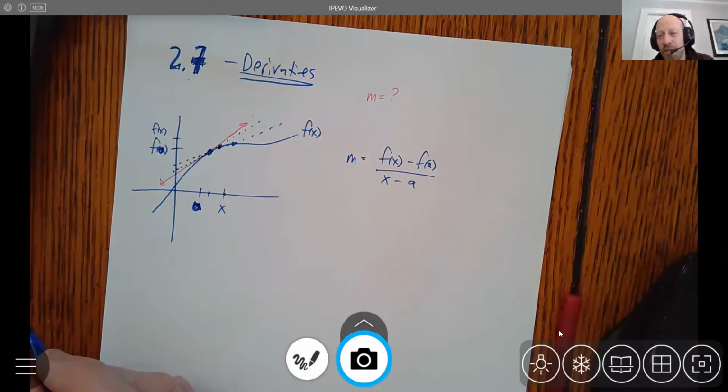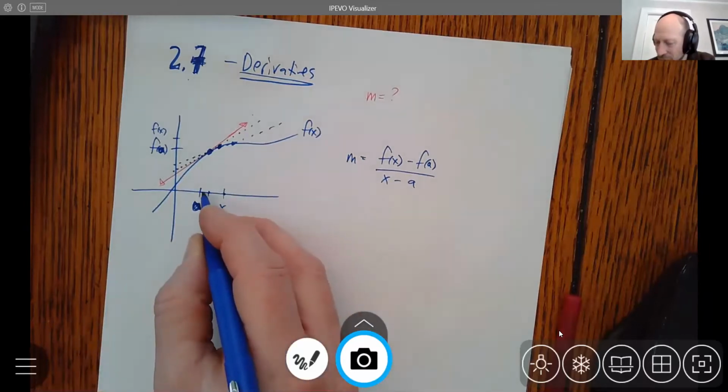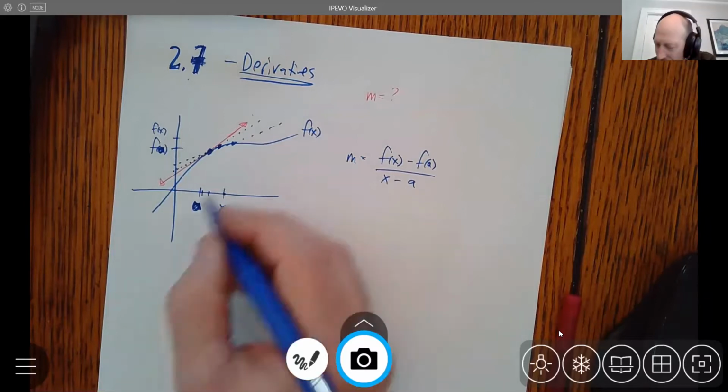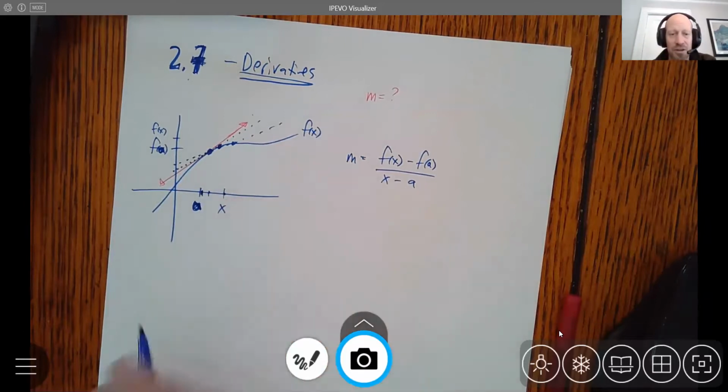Now, even that one is not really that close. Could I make that better? I can imagine you all at home saying, yes, you could make that better. You just have to move this closer, and closer and closer and closer.